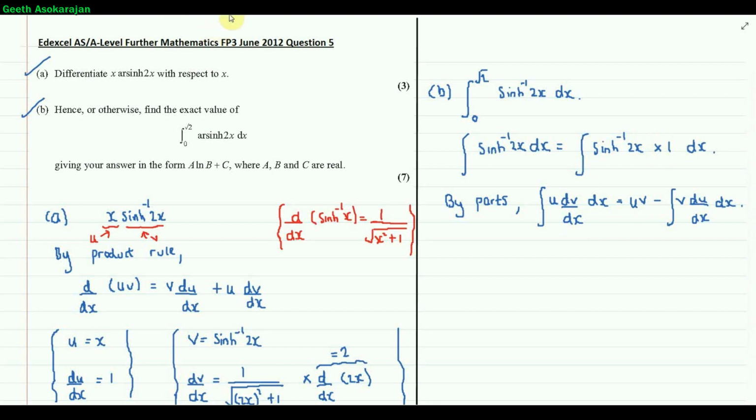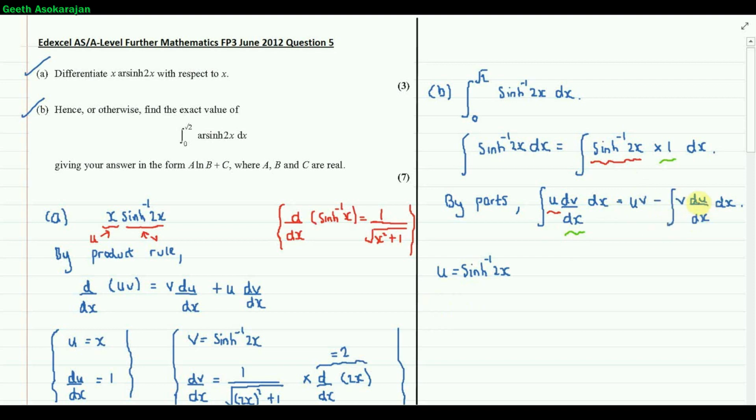So I'm going to take u to be the inverse hyperbolic sine 2x, and dv over dx is the remaining term, being 1.